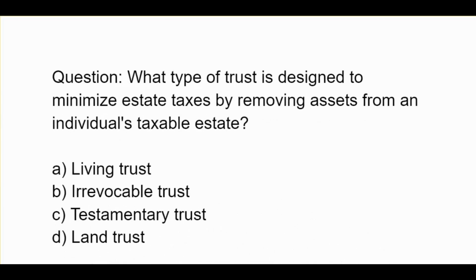What type of trust is designed to minimize estate taxes by removing assets from an individual's taxable estate? A. Living trust, B. Irrevocable trust, C. Testamentary trust, D. Land trust.